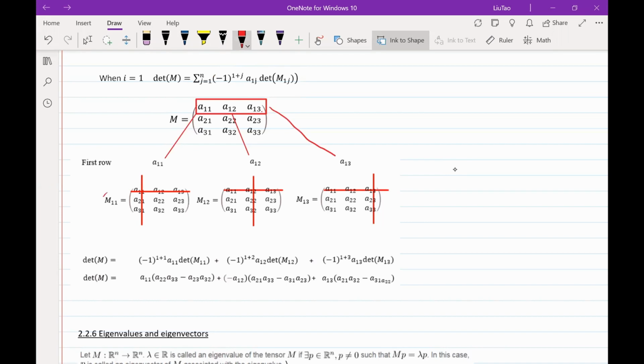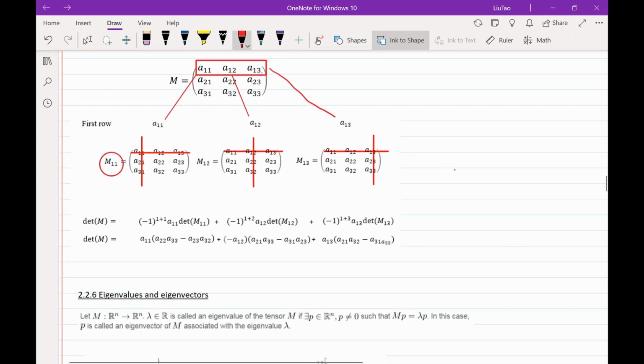The new matrix, by eliminating the row and the column of the first element A11, is this.